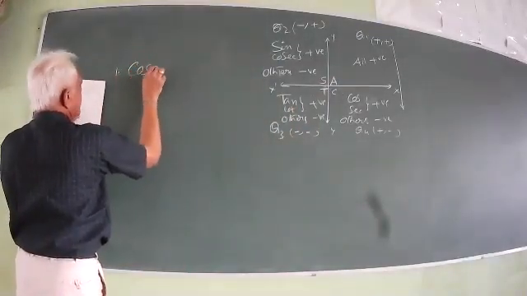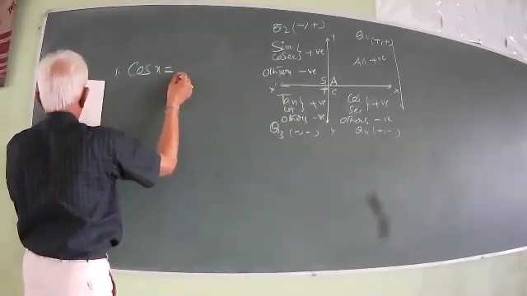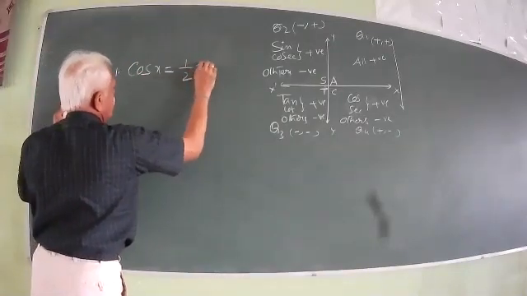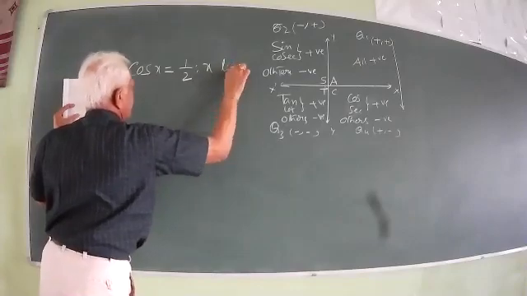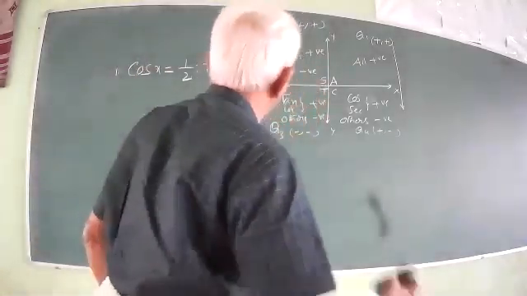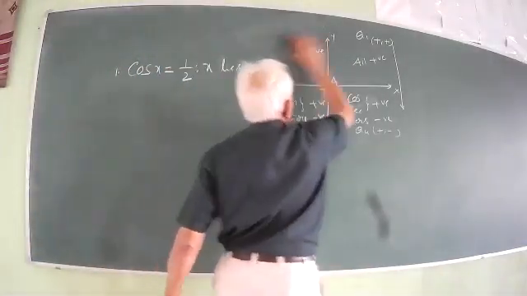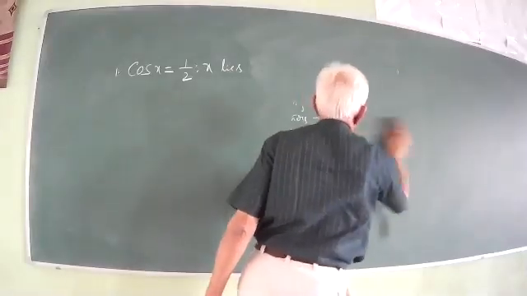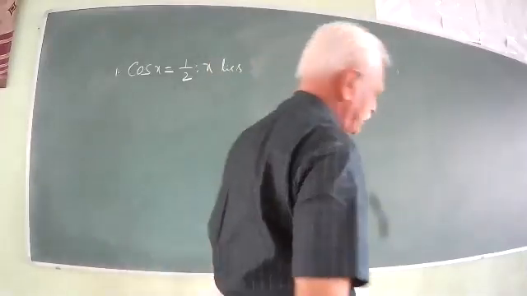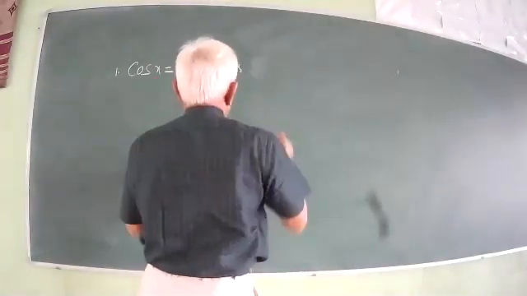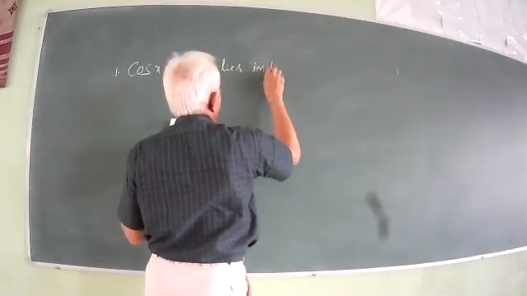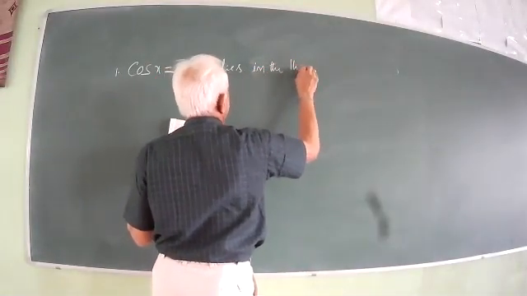cos x is equal to 1 by 2, x lies in the third quadrant.